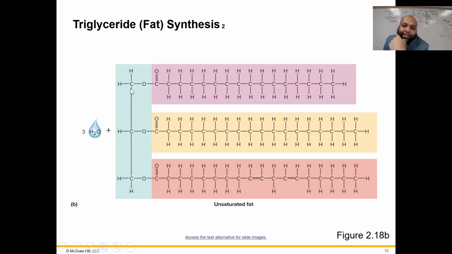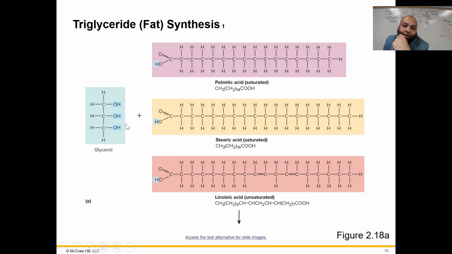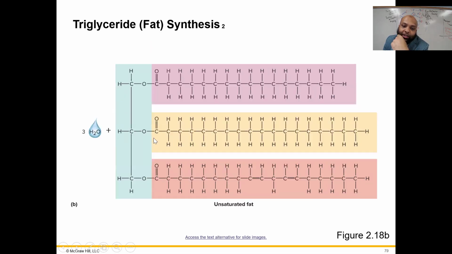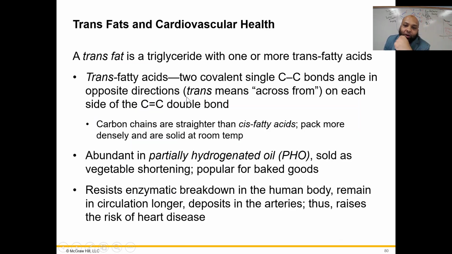So now that is an example of a triglyceride, because that's the glycerol backbone. Don't forget your glycerol. You see where my mouse is pointing? That is the glycerol. And these guys are the free fatty acids. So the free fatty acids are going to be hooked into the glycerol to give me triglyceride.